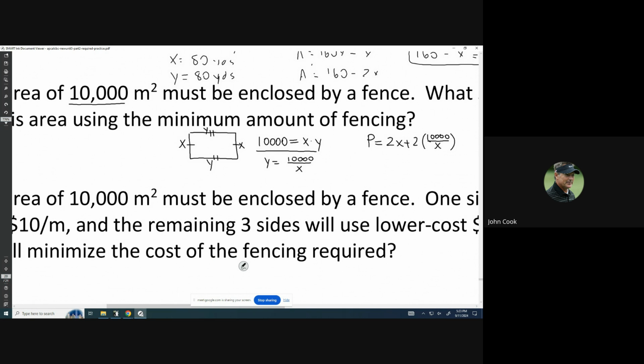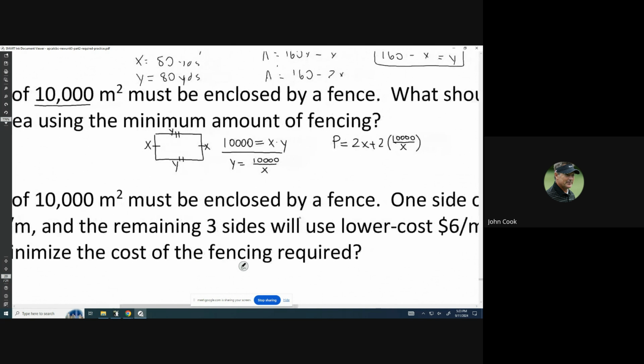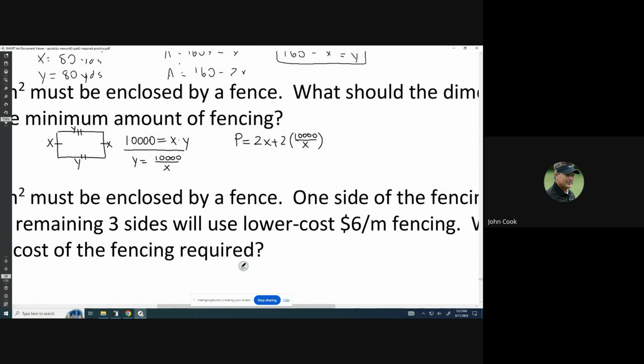And then now I start up my algorithm that I've worked on and perfected for a long time. And that's take the derivative, find the critical numbers, take into consideration any intervals that we're working with, and then find the absolute minimum in this case. Okay, so let's take the derivative. So P prime is equal to the derivative of 2x, which is just going to be 2.